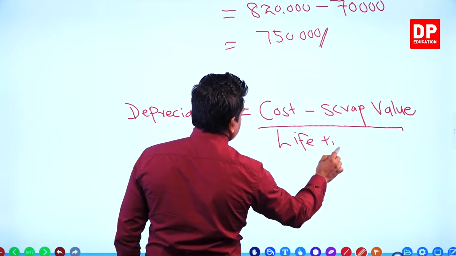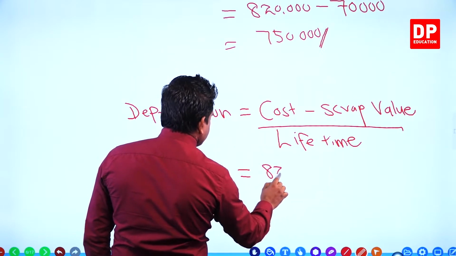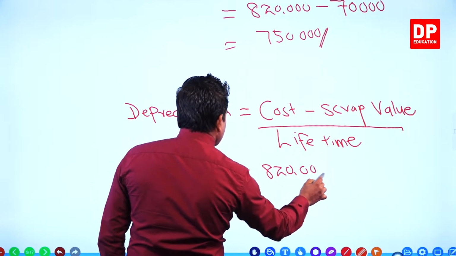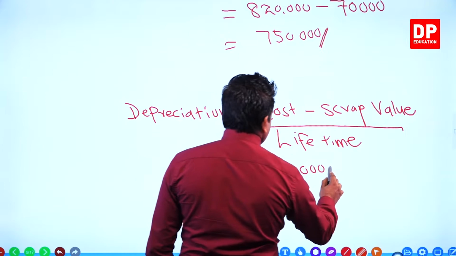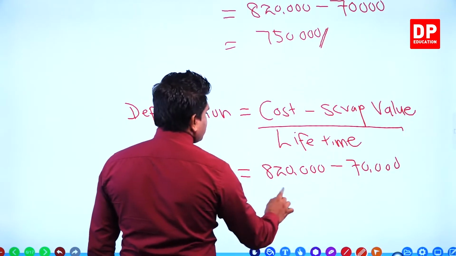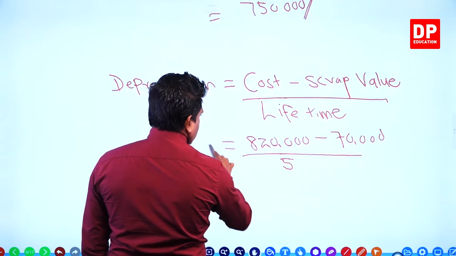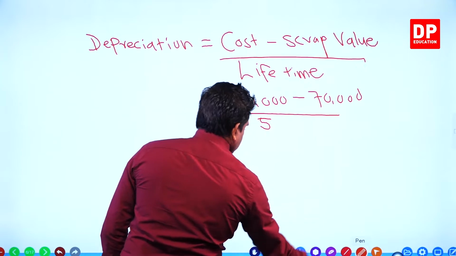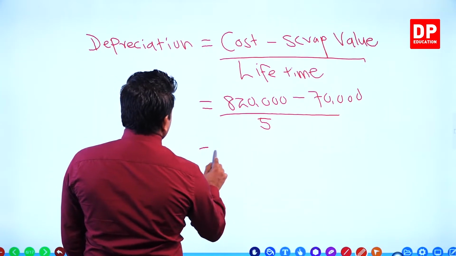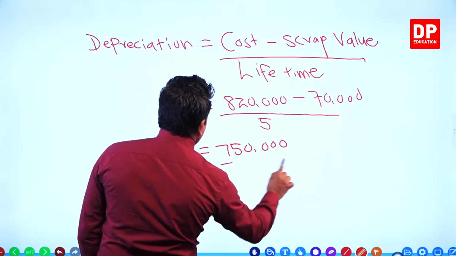Cost 820,000. Scrap value 70,000. Lifetime 5 years. Now how does it come? 750,000 divided by lifetime 5 years.